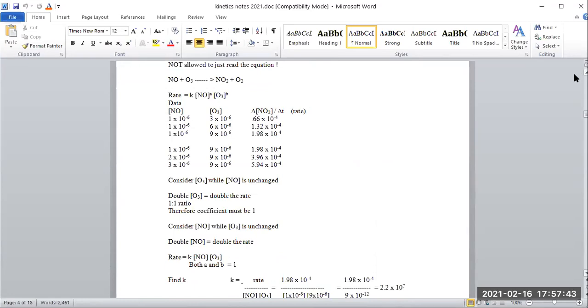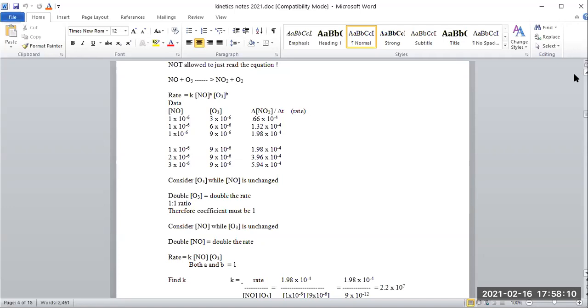For kinetics, we are ignoring products. They come back to haunt us a little bit when we get to equilibrium in the next chapter. But from a kinetics point of view, we're only actually worried about the reactants. So we looked through the data for this, and we did some comparisons of when you hold your NO concentration still.